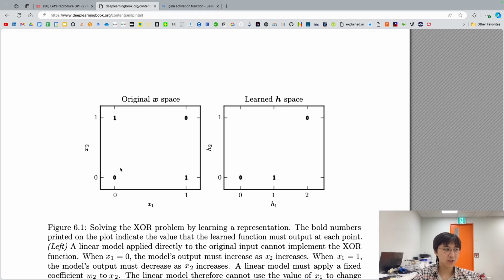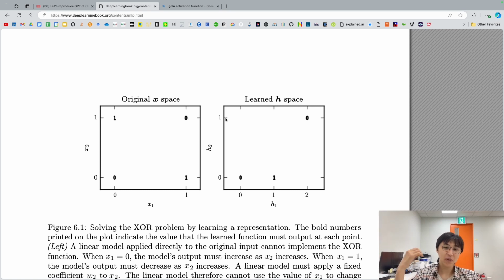If we draw this kind of line, this is 0, this is 0, this should be 0, and this should be 1, but it is not. So we cannot draw this kind of line. If we draw this line, one fits here and another goes here also, which is not correct either. If we draw the line this way, this should be 1, but it is 0. So we indeed cannot draw a line here.